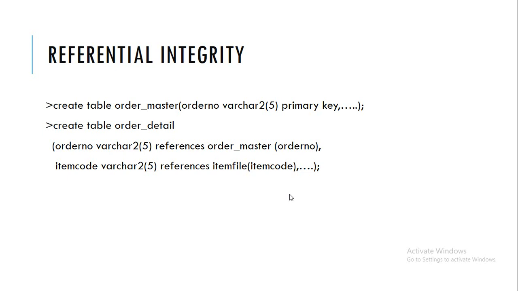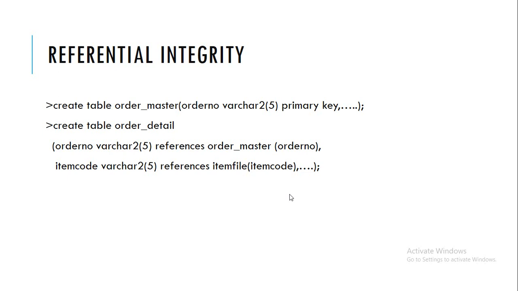Then I have created another child table, create table order detail. Now what I am doing over here is order number varchar2(5) references order master table, and within brackets the order number column. Similarly, another one, item code varchar2(5) references item file item code.